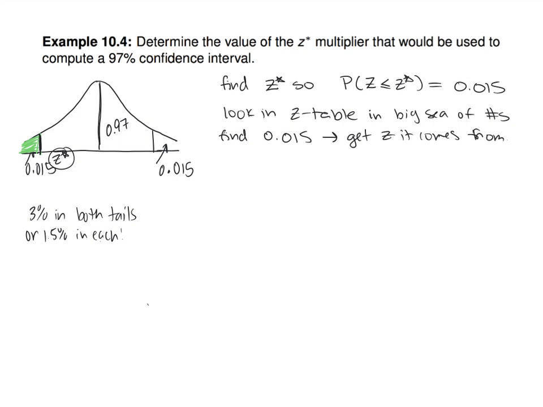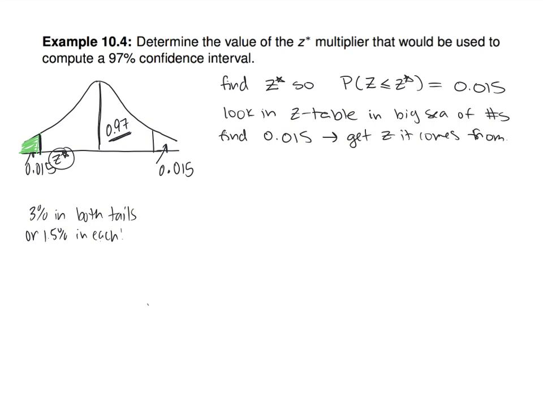I know that if this was 0.95, the z star multiplier is 2. So that means I can look at things that are less than 2. Looking at the negative 2.1 row, you see 0.0179, not small enough.